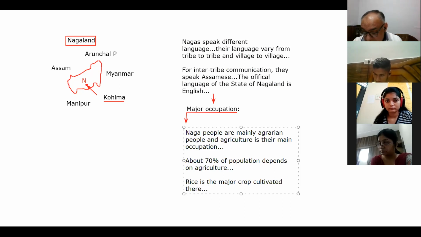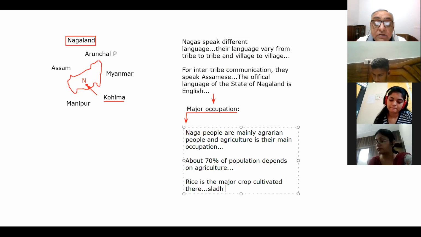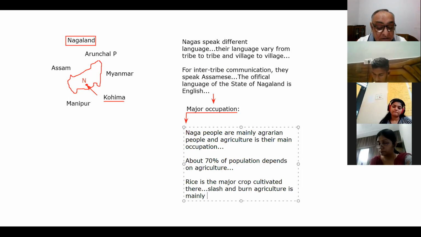Slash and burn agriculture is mainly practiced there. Slash and burn agriculture is also known as jhum cultivation.